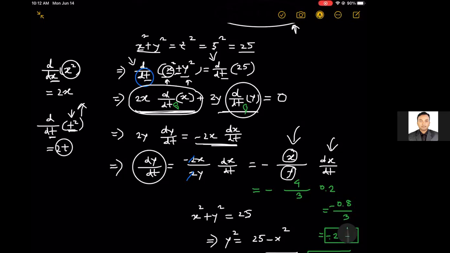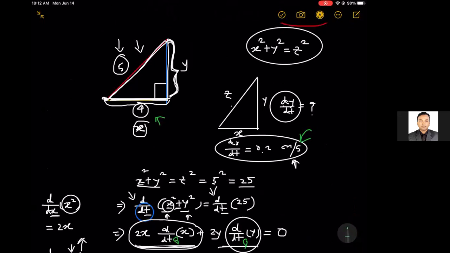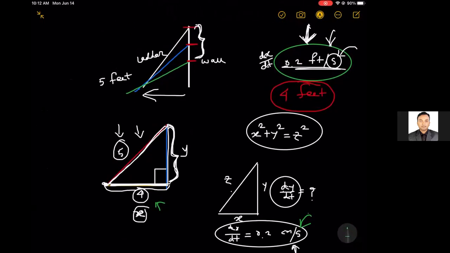It depends on the question. You can actually eyeball it from the question, because I say the rate of change, or I would say I was actually pulling the foot of the ladder at this rate, 0.2 centimeter per second, or did I say feet?